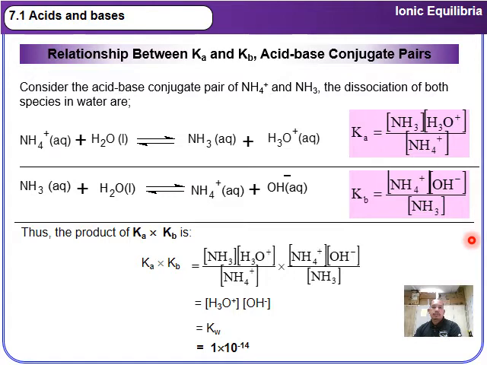So what will happen when we multiply Ka times Kb? We can cancel NH4 positive with NH4 positive, and finally the only species that remain are H3O positive and OH negative. This refers to the Kw, as we learned in the previous part. So Ka times Kb equals Kw, which has a value of 1 times 10 to the power of negative 14.